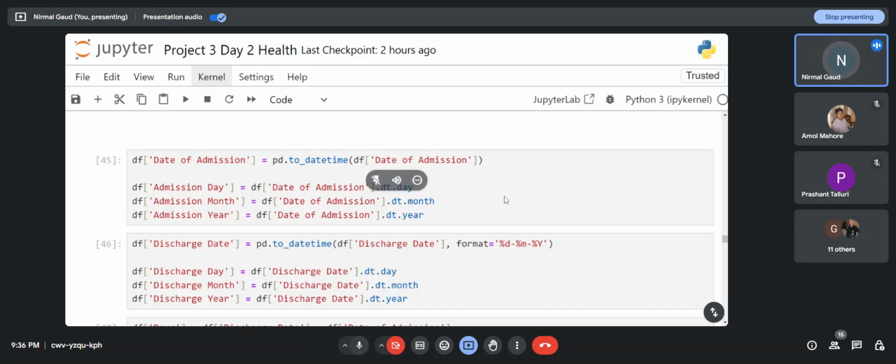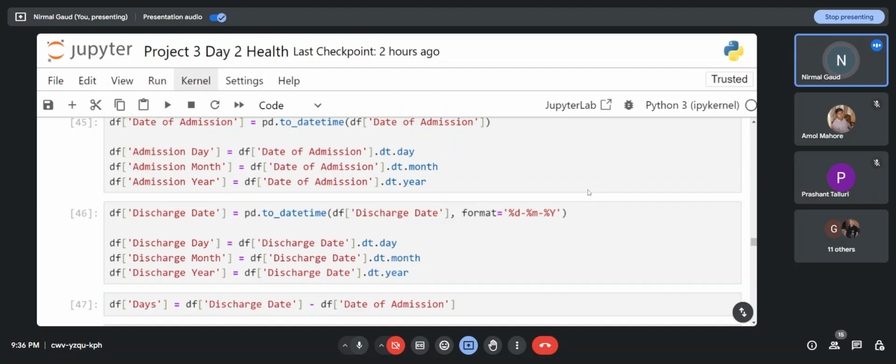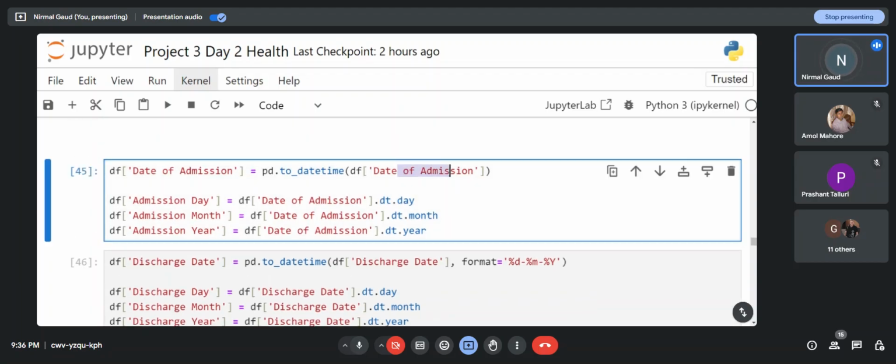Okay, now the next is the date of admission and the date of discharge. What I did from my side is I just identified from the date of admission what is the day, what is the month, and what is the year. That means I applied to_datetime.